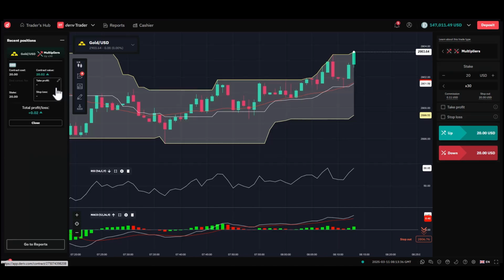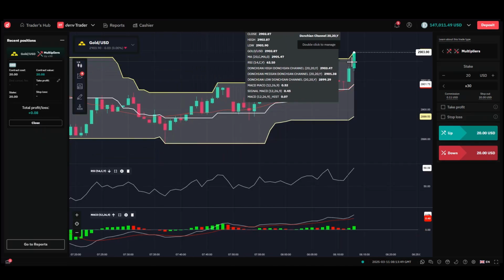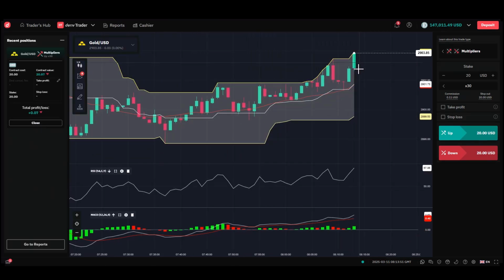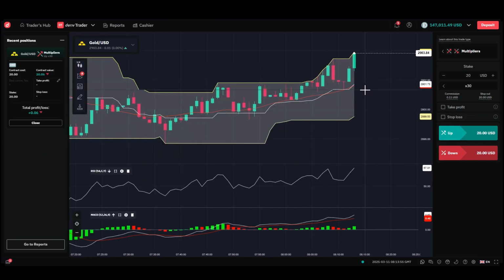It's pretty much even. And this doesn't actually have an exact expiry date. So it's like continuously running. So you see we've got 8 cents running as it's moving up higher, 7 cents. So this is actually more akin to a CFD than an option trade.